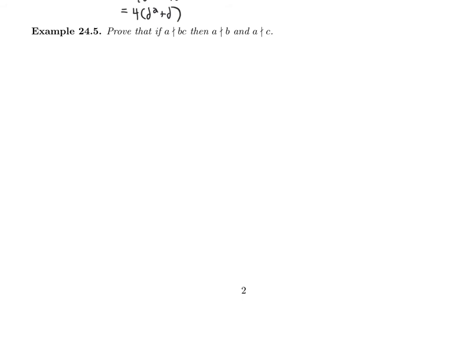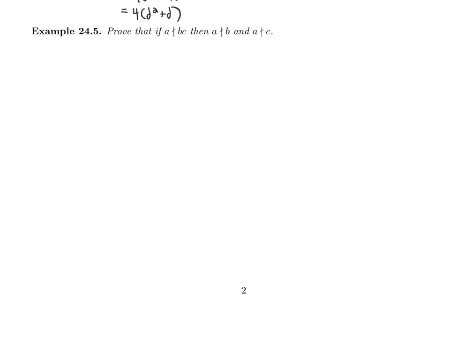So I think the way to go is a proof by contraposition, because then we'd write down if A divides B or A divides C, because remember with De Morgan's law, if we're taking the negation of a joined statement with an and or an or, we need to flip the joining word.